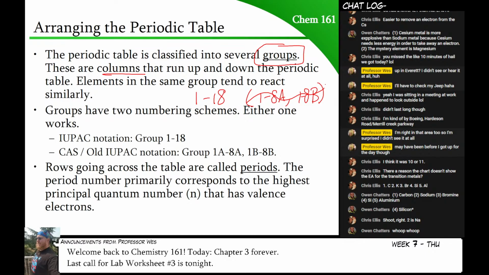There's our naming schemes. If you go across the periodic table, left to right, we call those periods. So, across is periods. The main thing of interest for the period number is that it tells you the highest principal quantum number in which the valence electrons lie.